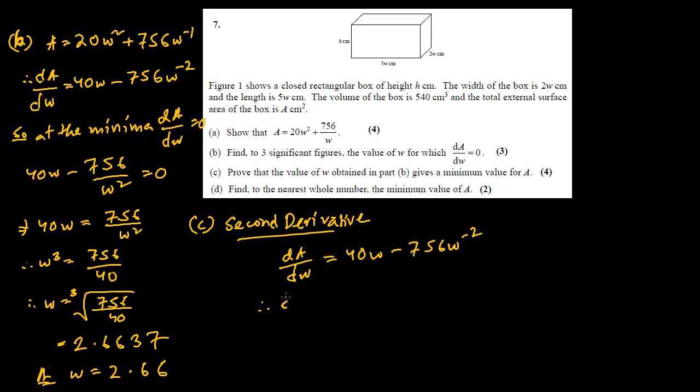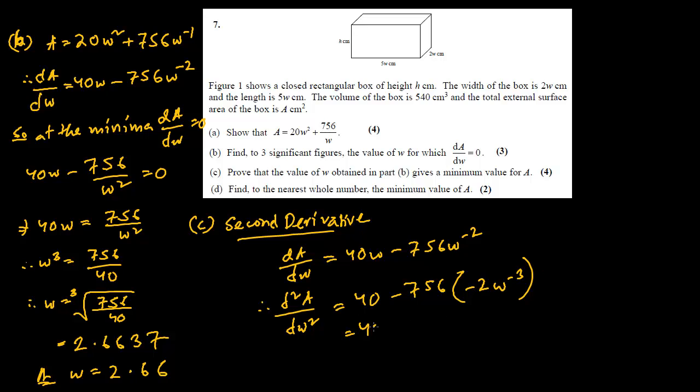When we differentiate this again, this would be d2A by dW squared. So 40W would be 40. Now minus this, let me keep the minus 756 here as a constant. So this would be minus 2W to the power minus 3. The n comes first and the power decreases by 1.